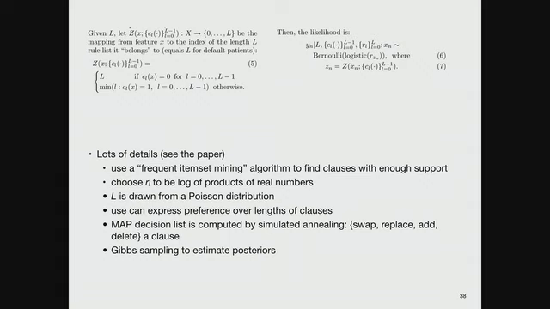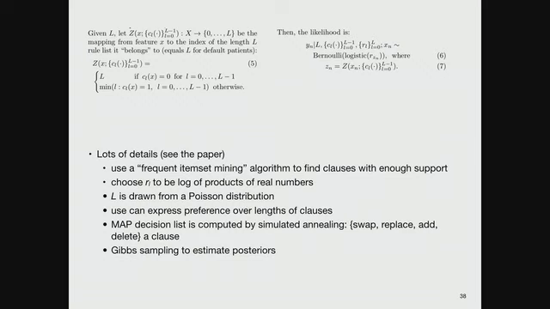There are lots of details. So there's this frequent item set mining algorithm. It turns out that choosing R sub L to be the logs of products of real numbers is an important step in order to guarantee that monotonicity constraint in a simple way.